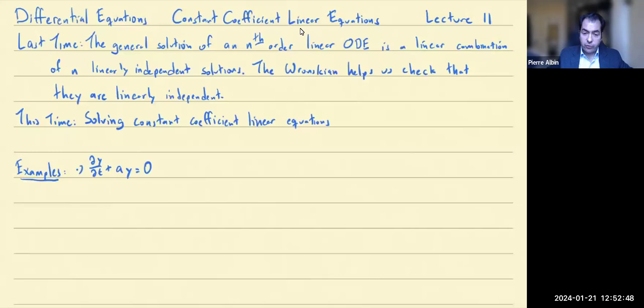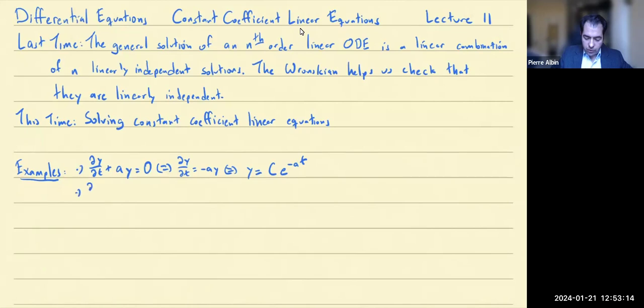Okay, so this first order equation, we already know how to solve very easily. This is a separable equation. You write it in its usual form by putting the term without the derivative on the right-hand side. And then this we recognize is just an exponential function.